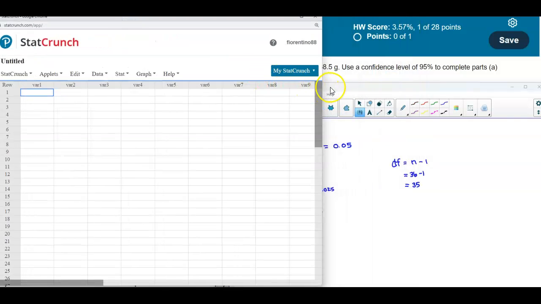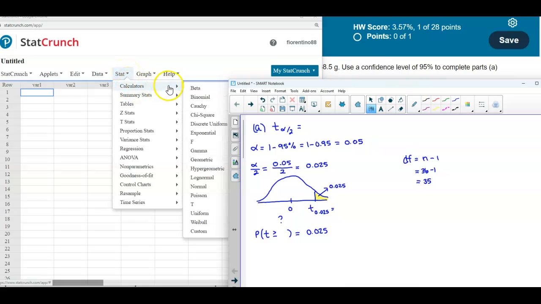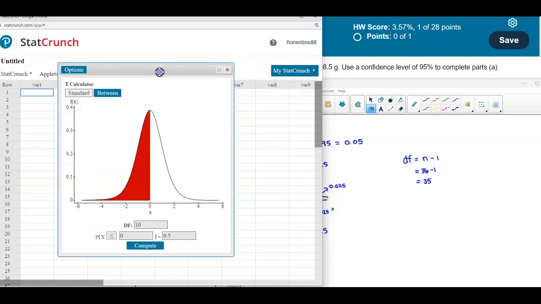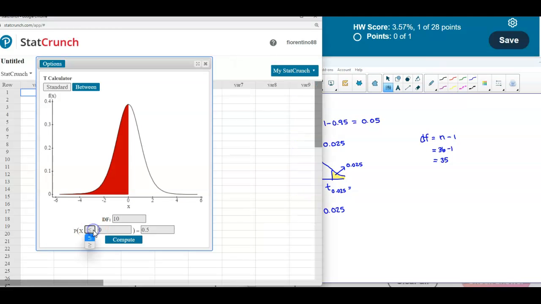Since we want to find the critical t value, we go to Stat, Calculators, and then scroll all the way down to t. We want to make sure that we're shading the area to the right, so the inequality is pointing to the right.